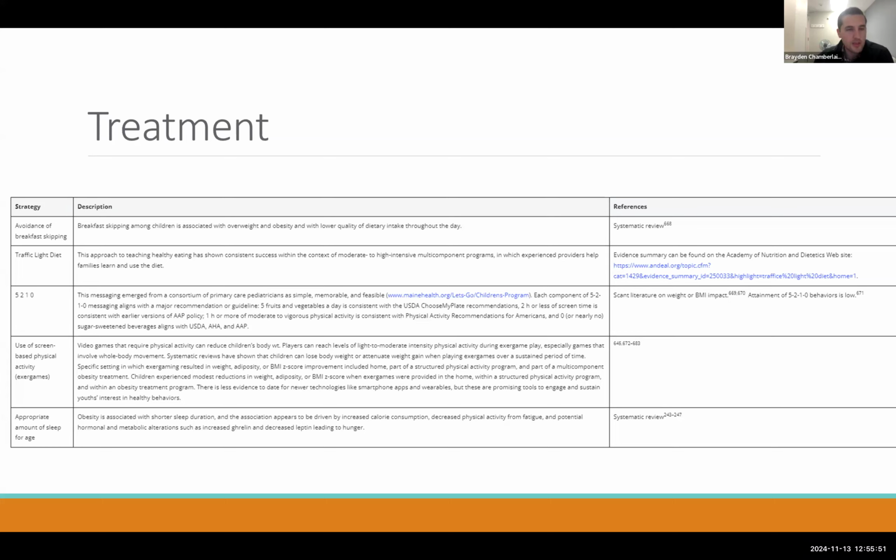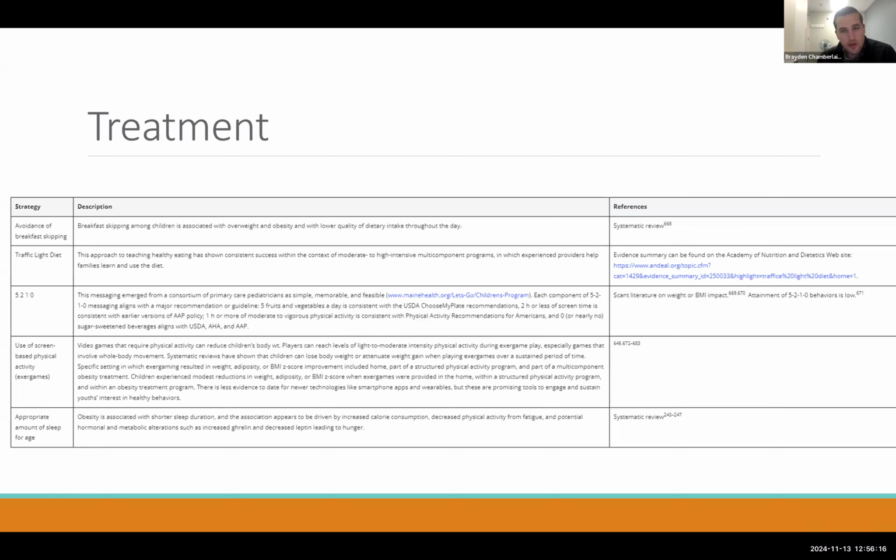Oh, actually, this part is talking about screen-based physical activity. In the more recent past, they've developed screen-based activity games that might be on the phone. They might be on separate devices. They might be virtual reality-based activities.